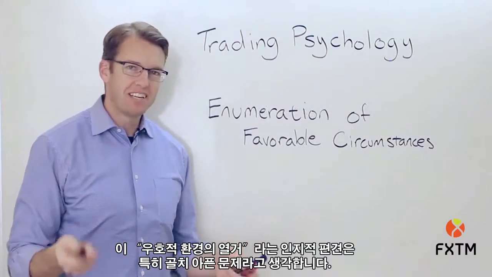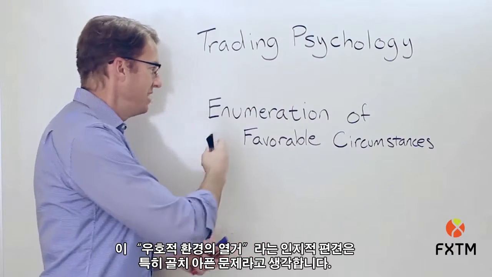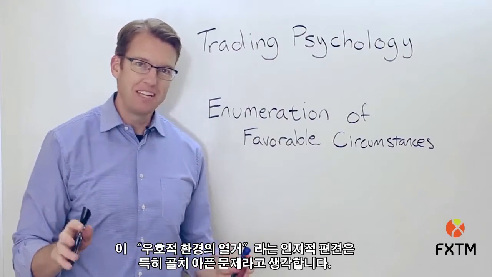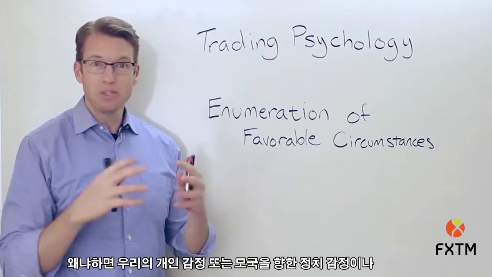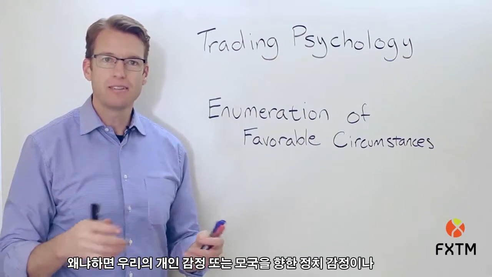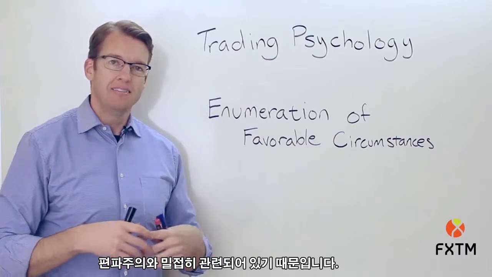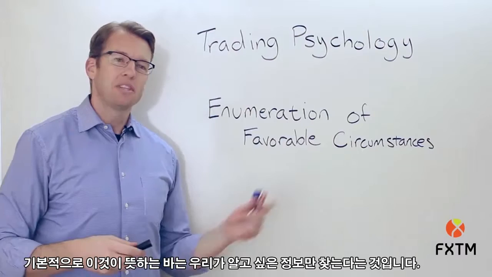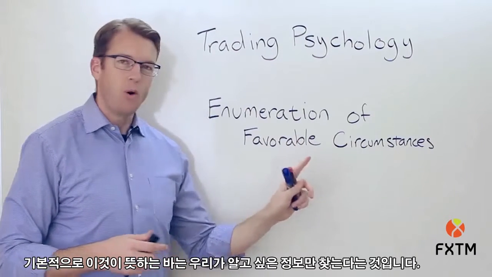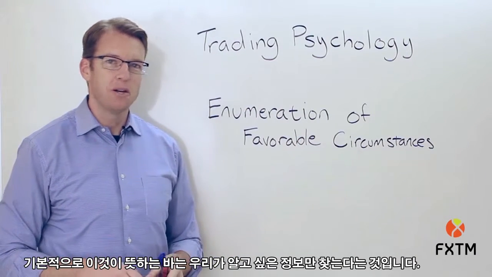I find this particular cognitive bias of enumeration of favorable circumstances to be particularly vexing because it's so tied up with some of our personal feelings or political feelings or favoritism that we might have towards our country of origin and so forth. Now, what this basically means is we only look for information that tells us what we already want to know.